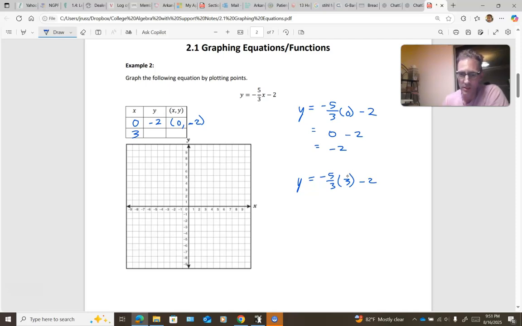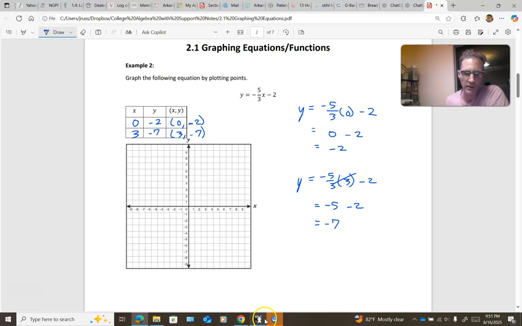Sometimes people will say these divide out, and that just leaves us with negative 5. So we're left with negative 5, and then we still have the minus 2. And negative 5, take away 2, gives you a bigger negative, gives you negative 7. And so that will be our second ordered pair.